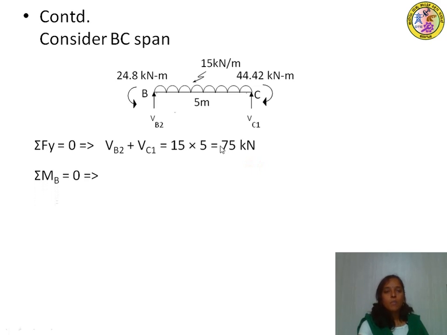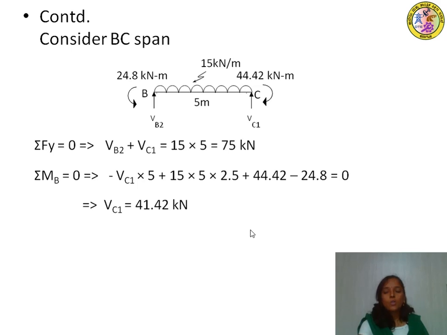Next take sigma MB is equal to 0, which implies minus VC1 into 5 plus 15 into 5 into 2.5, that is half W into L into L by 2, plus 44.42 minus 24.8 is equal to 0, which implies VC1 is equal to 41.42 kilonewton. Therefore VB2 will be equal to 33.58 kilonewton.